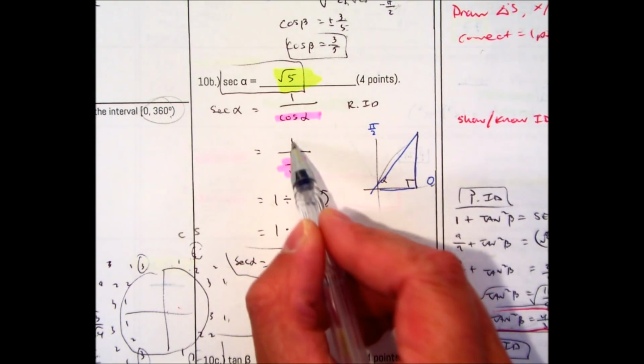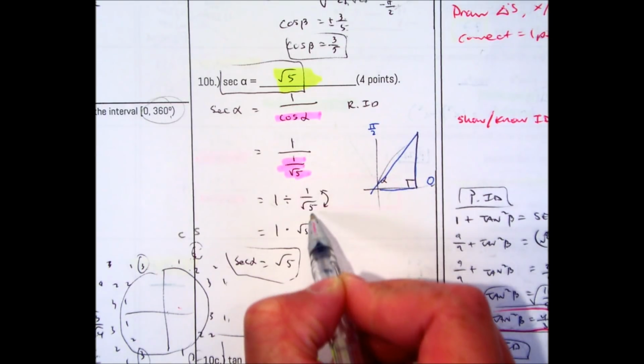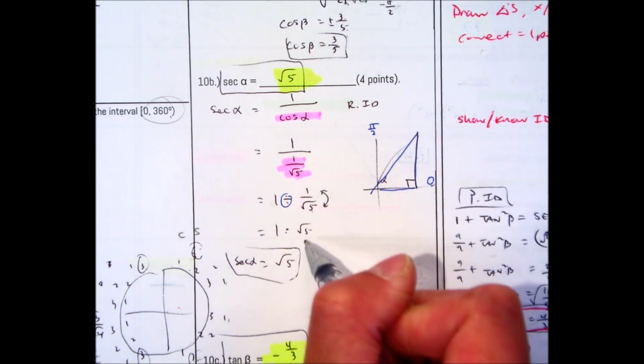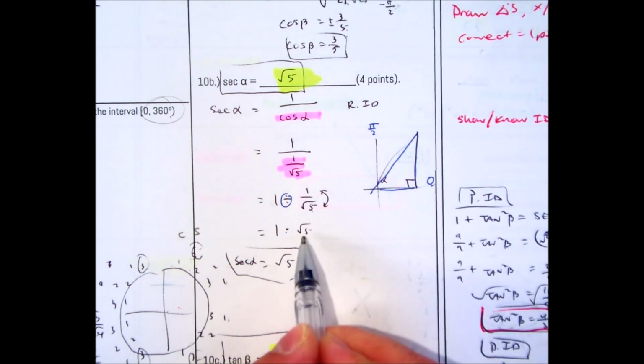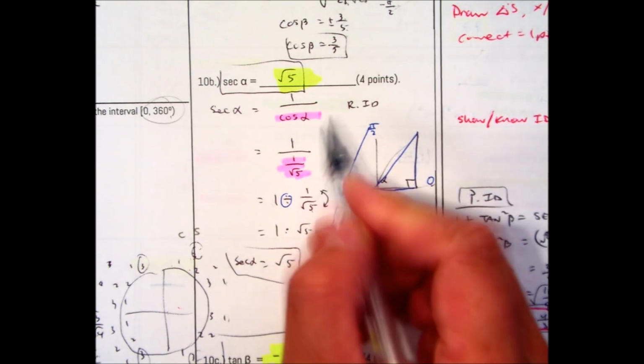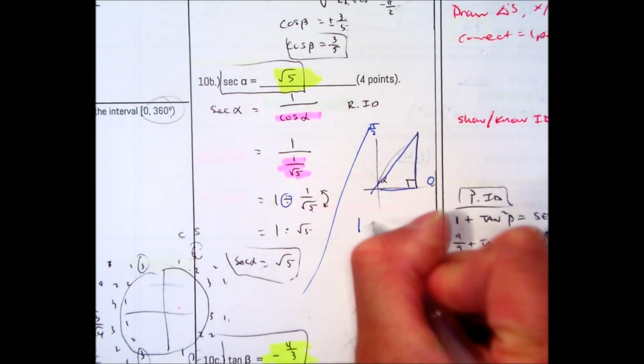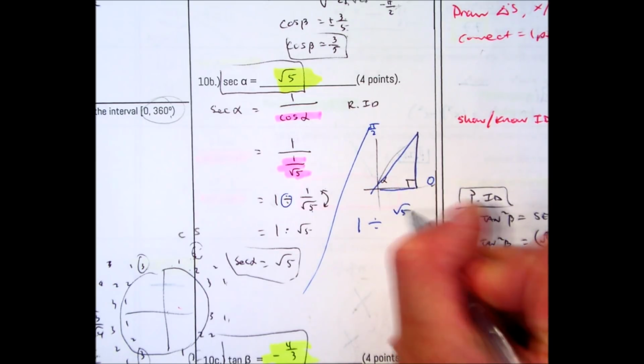Now, I'll show you my answer. 1 divided by 1 over radical 5. Change it to multiplication, take the reciprocal. 1 times radical 5 is radical 5. Now for the student who wanted to rationalize first, your answer is 1 divided by radical 5 over 5.